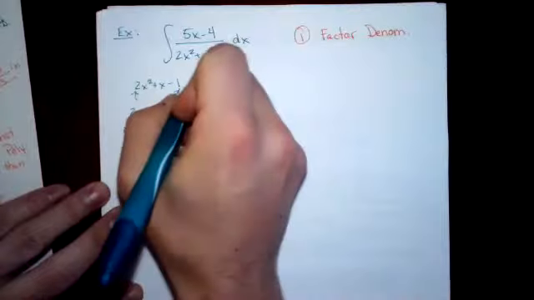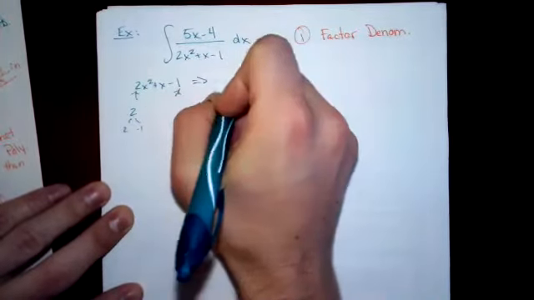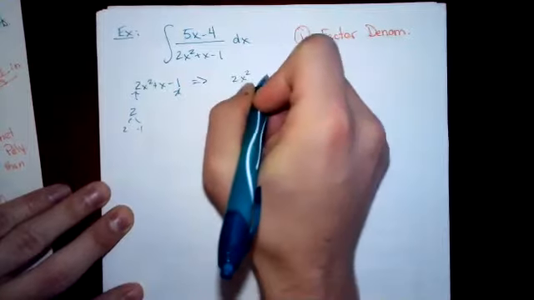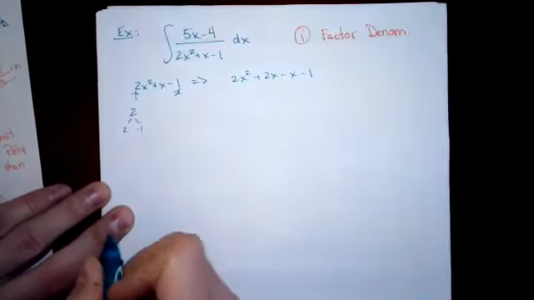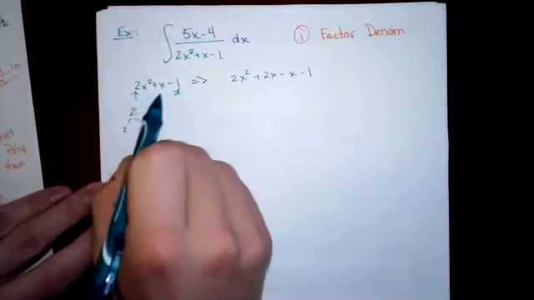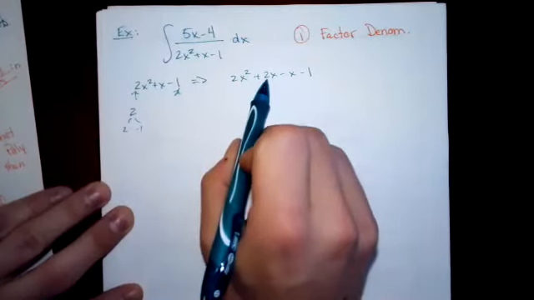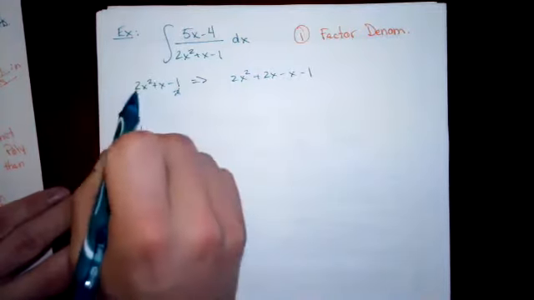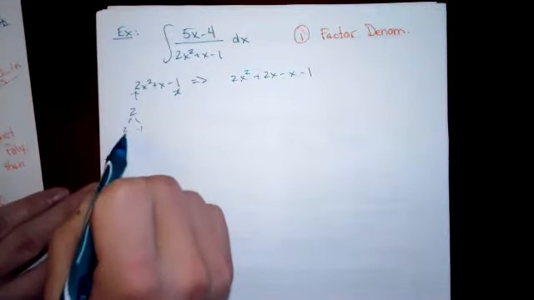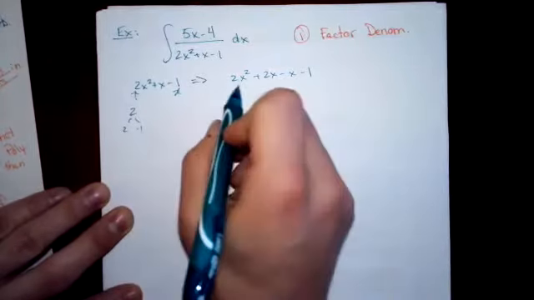And so what we want to do is write this guy as 2x squared plus 2x minus x minus 1. So all I did was split this middle term x and wrote it as positive 2x minus x. And the reason I did that was because of the 2 factors there. We made those 2 factors work nicely with each other.